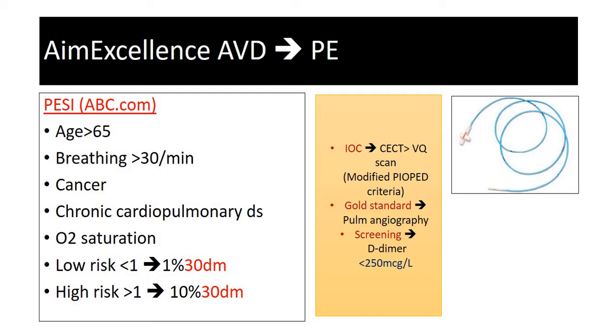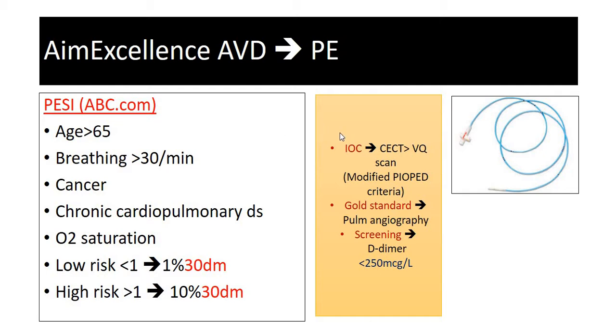If there is low risk, the total score comes up less than 1, and the 30-day mortality is about 1 in 30. In cases of high risk, the death percentage is 10% of affected patients within 30 days.